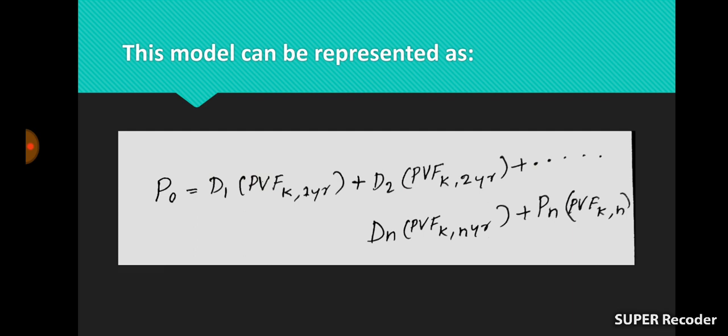Here we are adding the present values of all dividends plus the present value of the market price at the end of the nth year. Here we are using the present value table for calculating the present values of dividends as well as the market price at the end of the nth year.